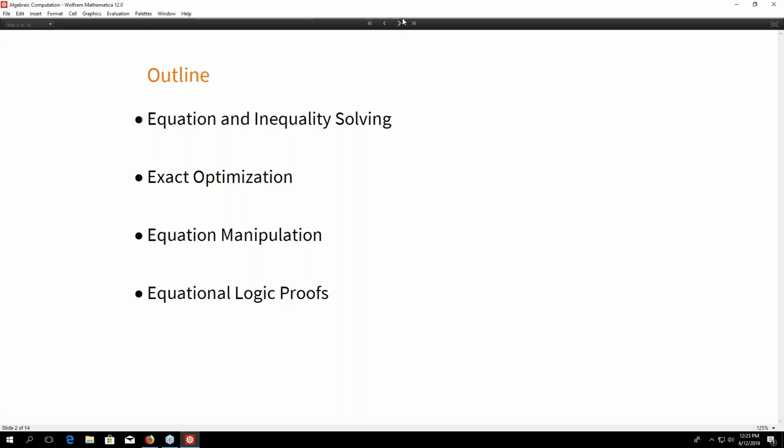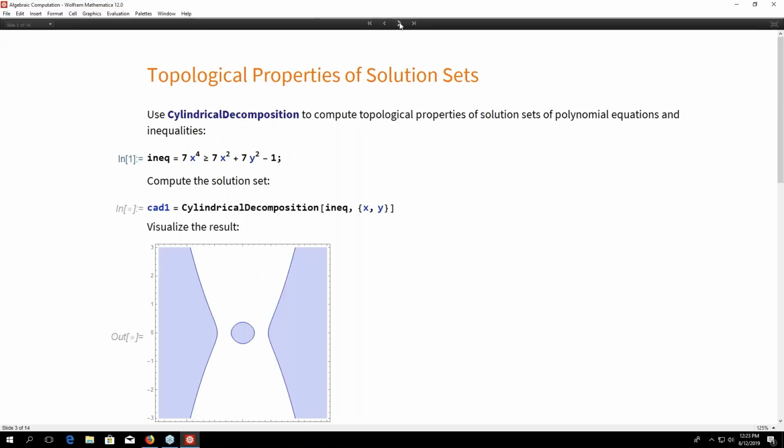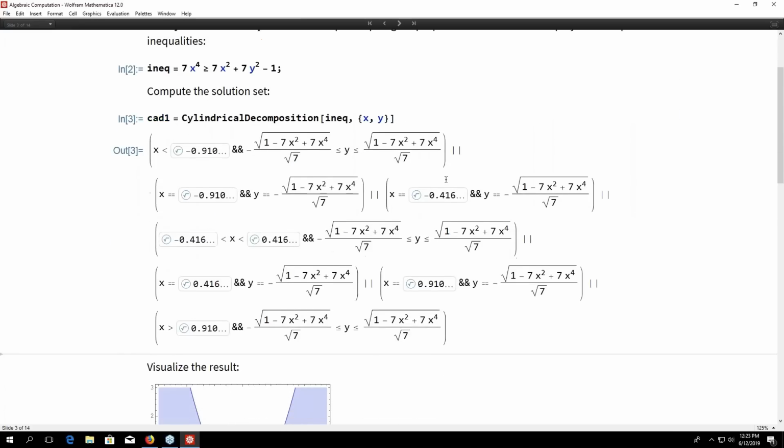So let me start with equation and inequality solving. First, we can now find topological properties of solution sets of systems of polynomial equations and inequalities. So for instance, here's an inequality, and CylindricalDecomposition is a function that computes for us an explicit solution set of this inequality.